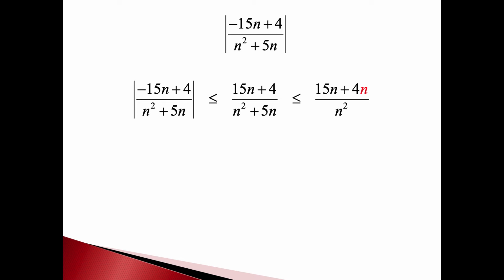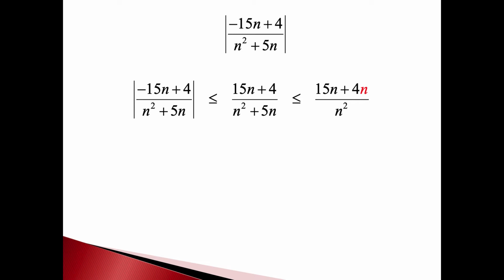If I replace that 4 with 4n, that'll be even bigger, right? If I replace the 4 with 4n, that makes me bigger. And why in the world would I do something like that? Well, now look at the top. It becomes 15n plus 4n. Oh, that simplifies, and it's just 19n. So that will make life a lot easier for us.